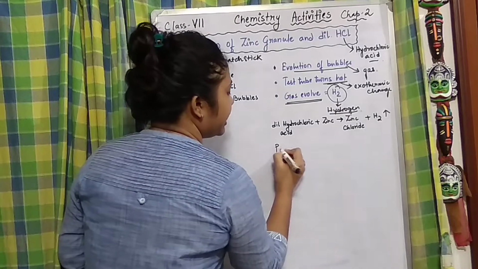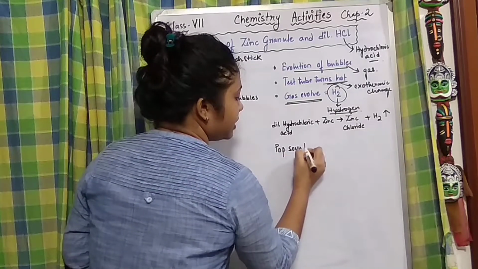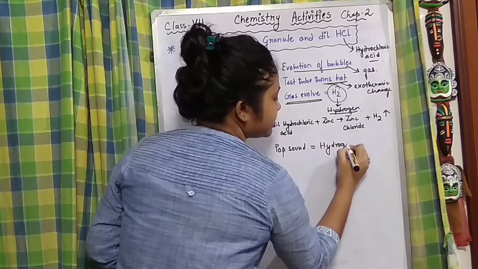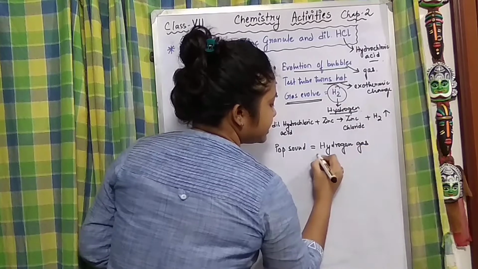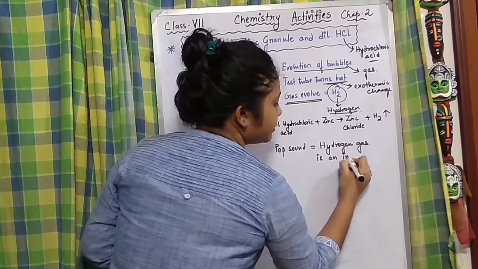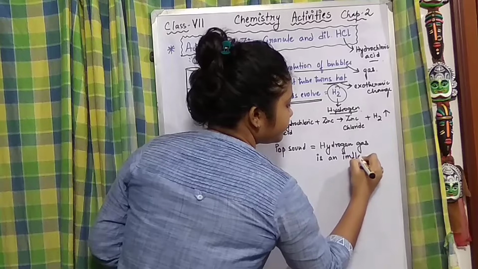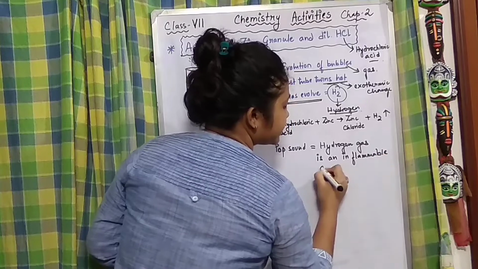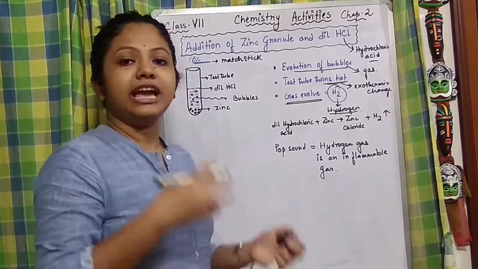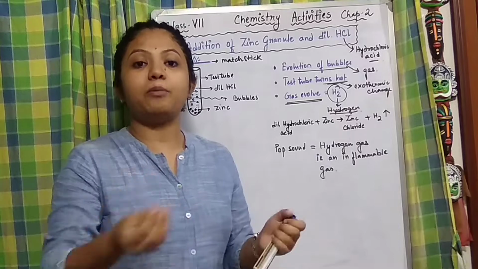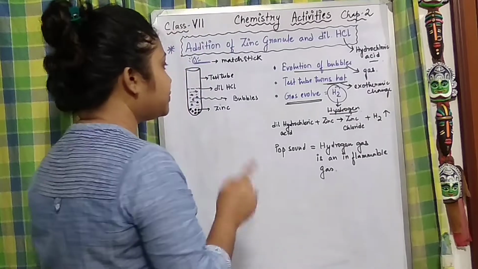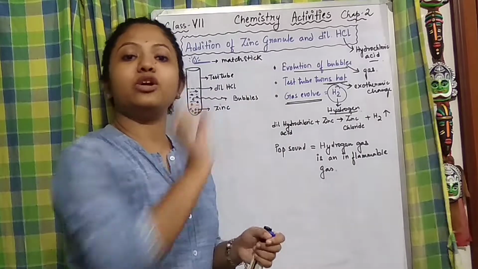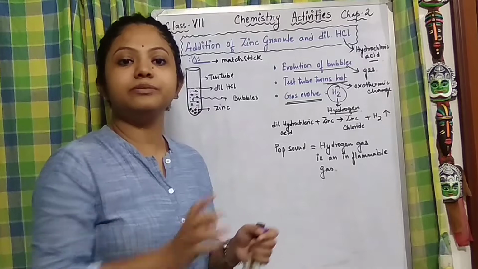This pop sound is because hydrogen gas is an inflammable gas, and that's why it will burn out with a popping sound. Alright, that's the reason for this pop sound when the lit match is held near the mouth of the test tube.